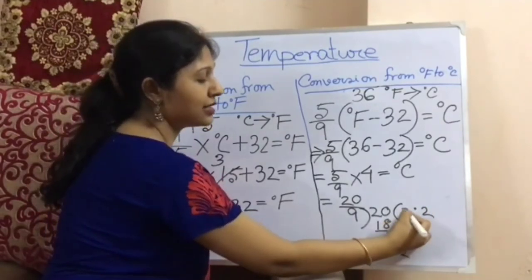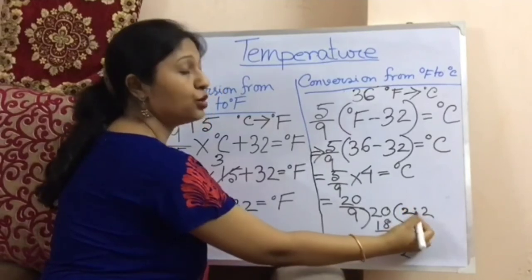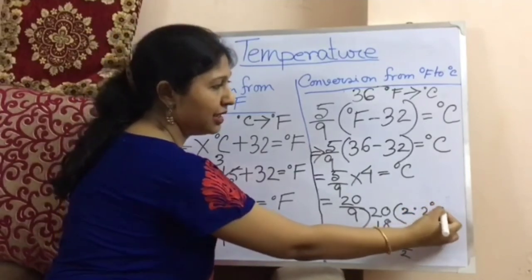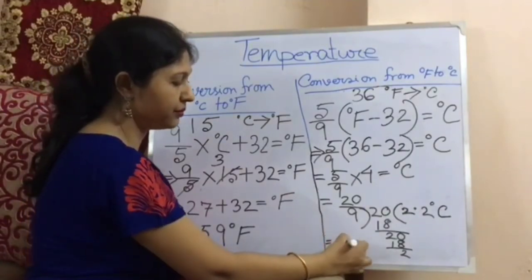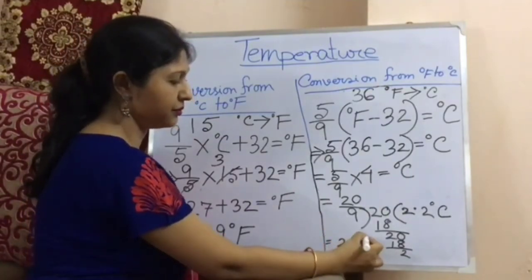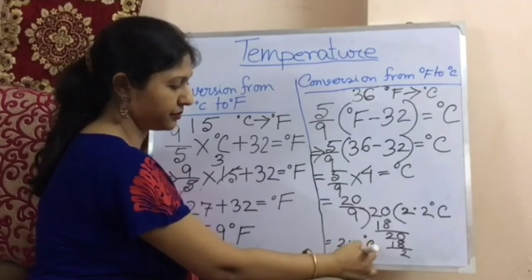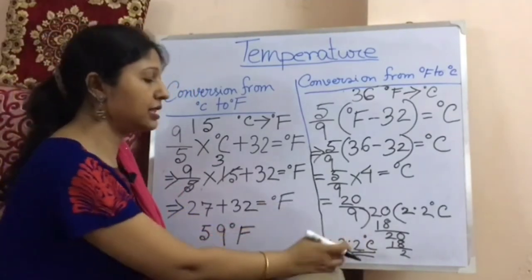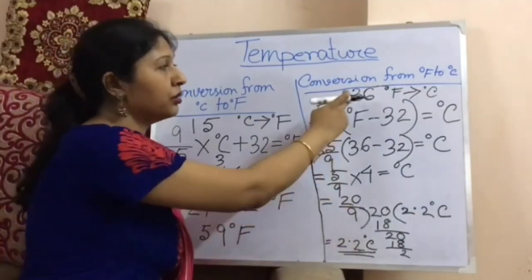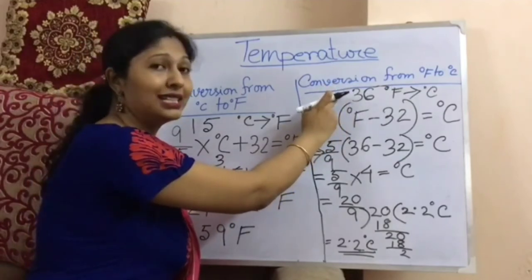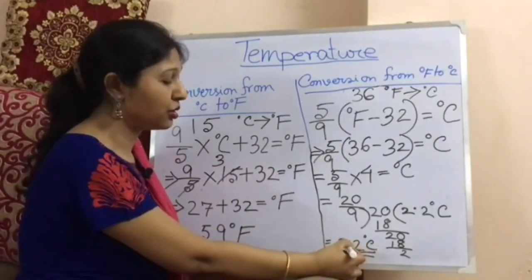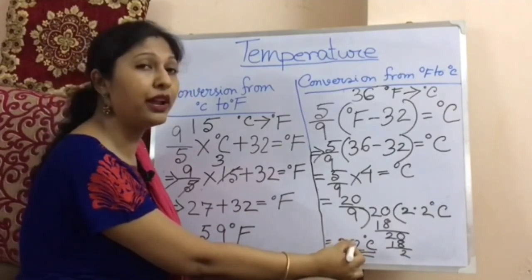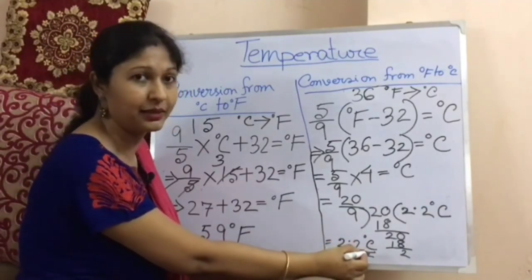So our answer will be 2.2 degree centigrade. So this is the way we convert 36 degree Fahrenheit to Celsius, and our result is 2.2 degree Celsius.